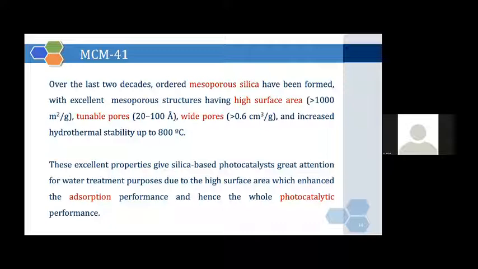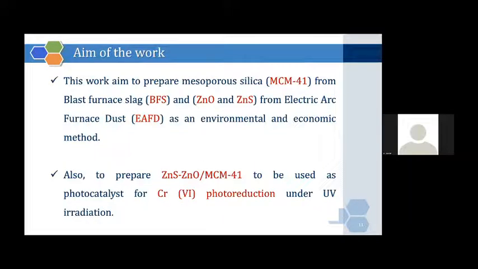These excellent properties give silica-based photocatalysts great attention for water treatment purposes due to high surface area, which enhances the adsorption performance and hence the photocatalytic performance.